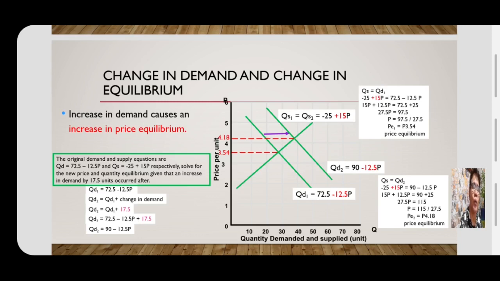Take note that the 27.5 is a transposed value from the left side of the equality sign. And so now P is given a quotient of 4.18, and this serves as our new equilibrium condition.